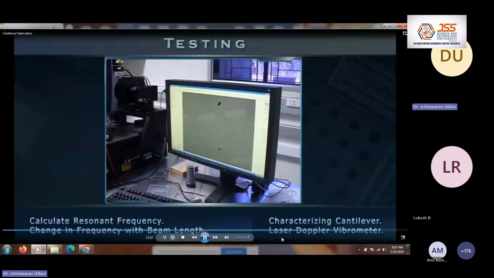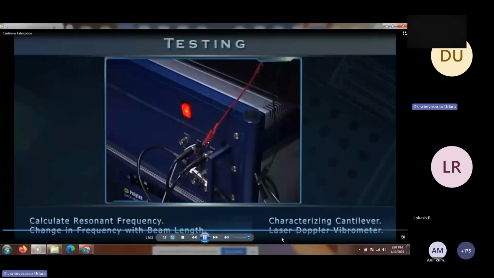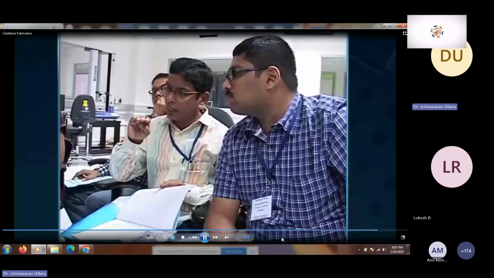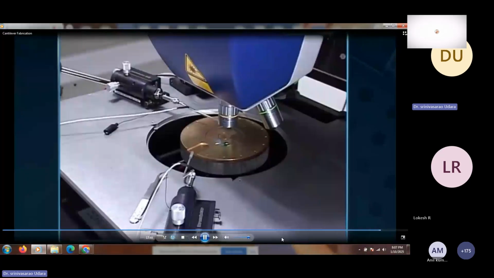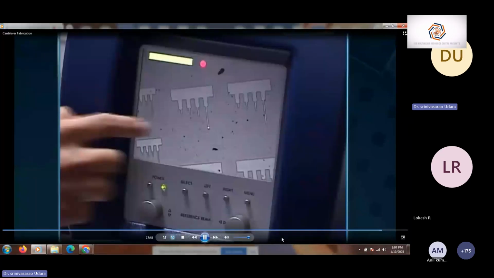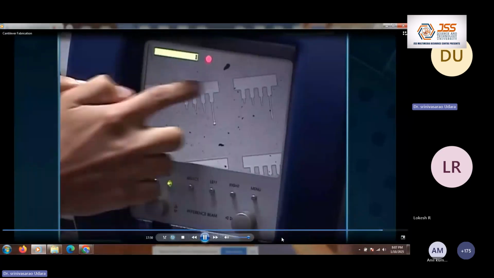The laser vibrometer has a source of variable AC voltage that is applied across the sample's top and bottom silicon layers to create vibrations. The equipment has two probes to apply the voltage, a display screen, and specialized software to analyze vibration data.